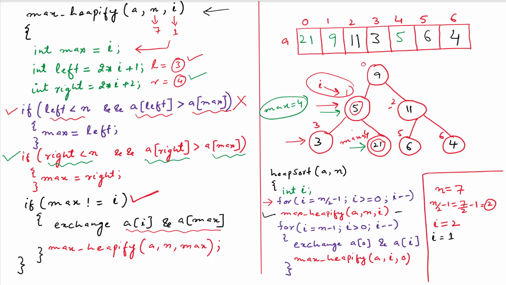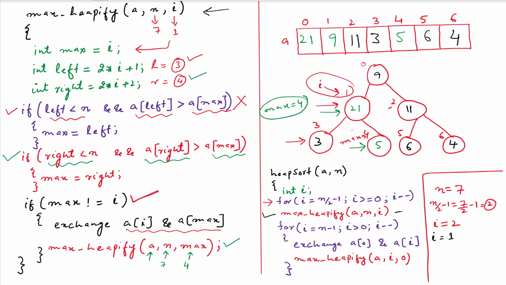We have to exchange these two elements, and after exchanging we will get 21 here, and 5 will come down to 21's place. And then we again call this Heapify method, and now the parameters are passed as array, the value of n that is 7, and max, which is 4.